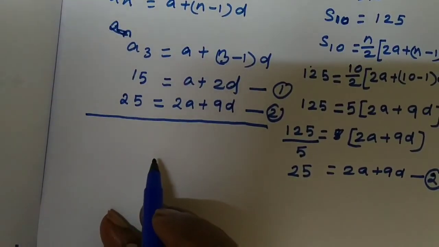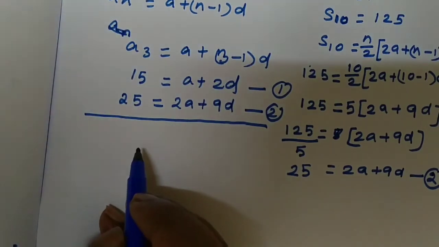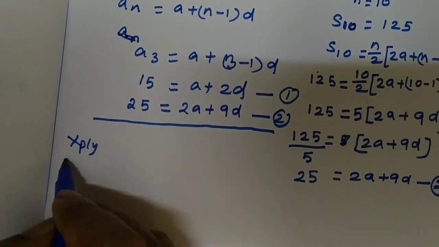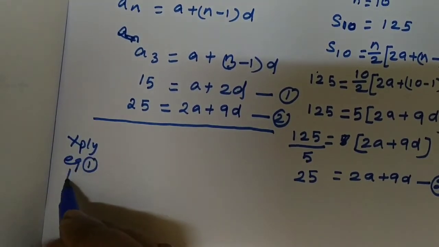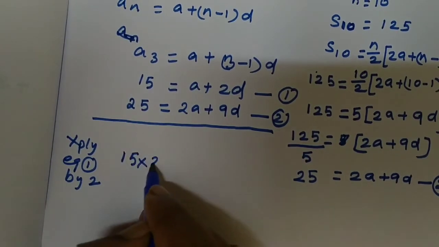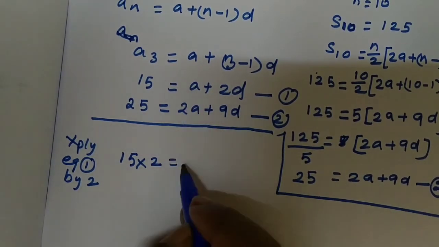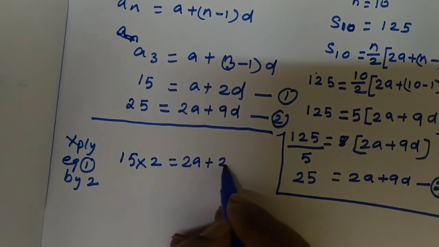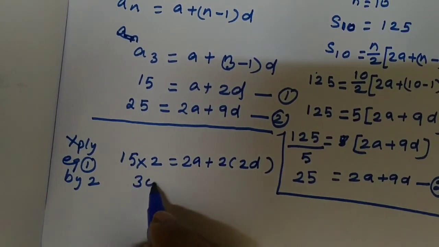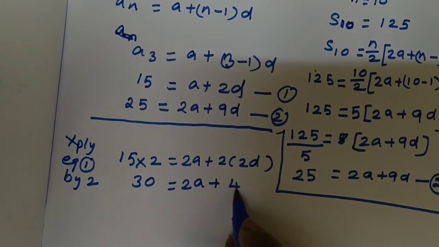Now we have to solve these equations. Multiply equation 1 by 2. So 15 into 2 is equal to 2 into a plus 2 into 2d. 15 2s are 30. 2a plus 2 2s are 4d.